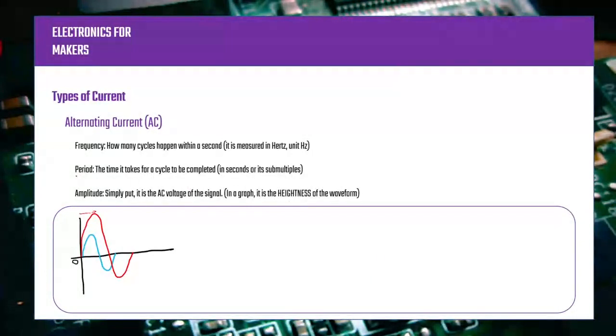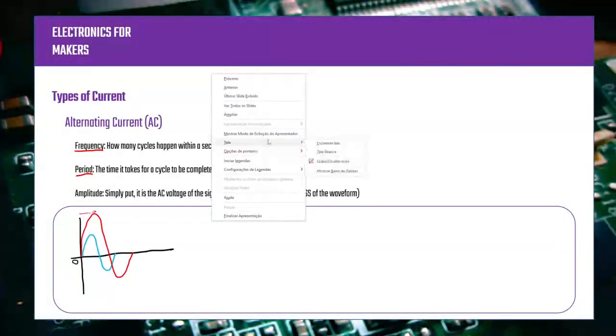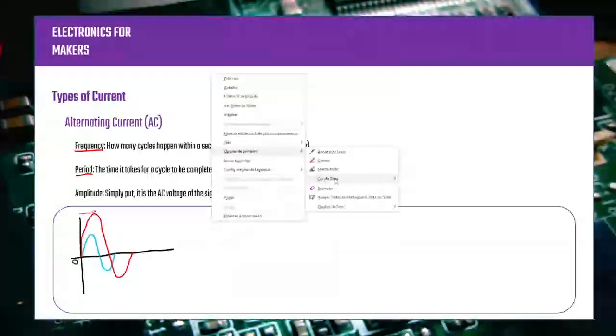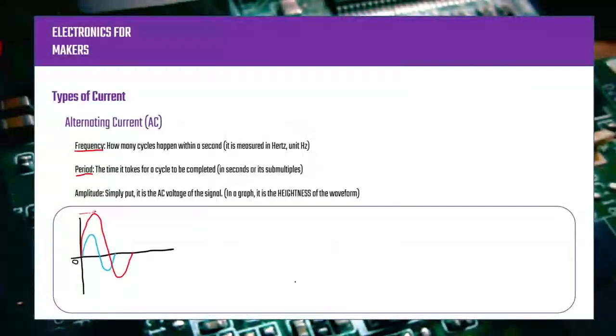We have already seen period and frequency. So where do we see alternating current? Oh, we see it every day. In the outlets in our homes. In the US, I believe it's about 100 to 120 volts AC.